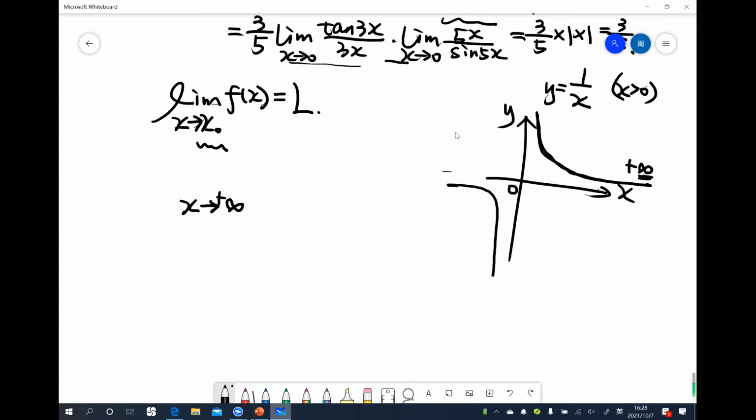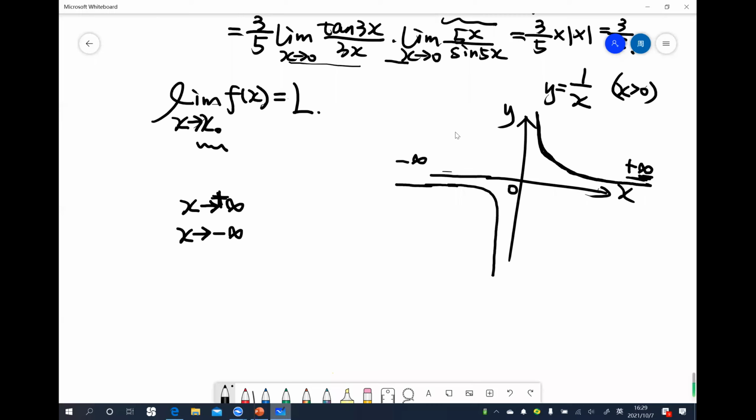And if x is smaller than 0, x can be very, very small, so we call it negative infinity. So here we can see two cases. Number one, x approaches positive infinity, and number two, x approaches negative infinity, right?